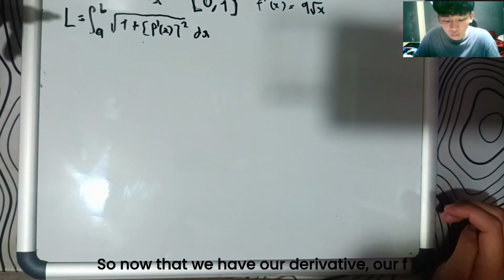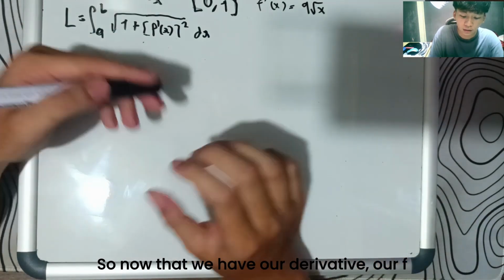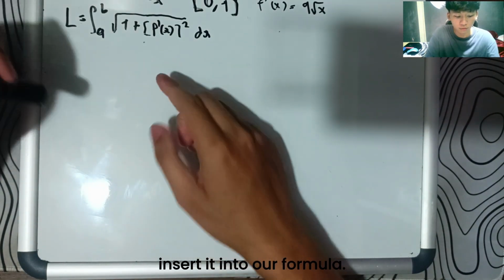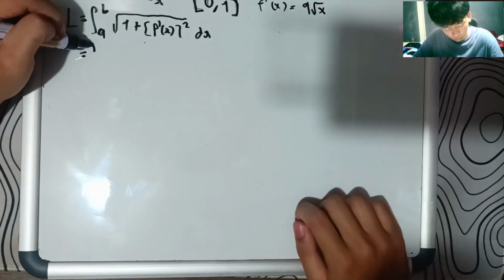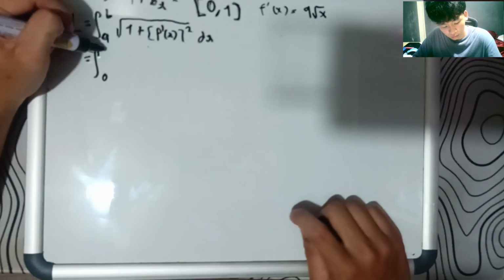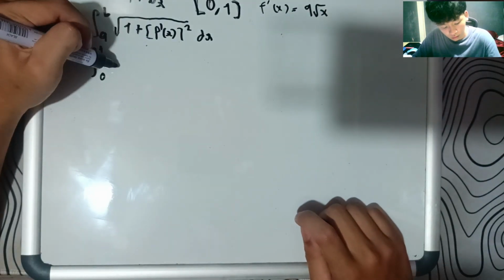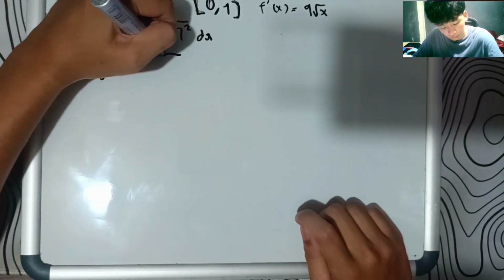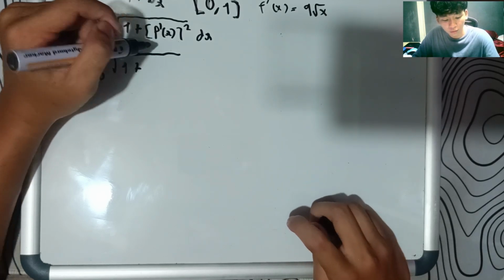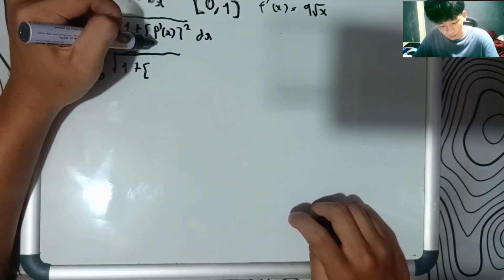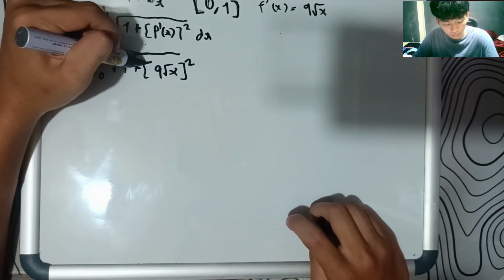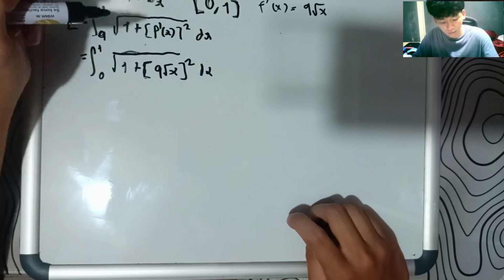So now that we have our derivative, our f prime, we can now insert it into our formula. So this will be, our a to b would be 0 to 1, square root of 1 plus our f prime, which would be 9 squared x squared, dx.